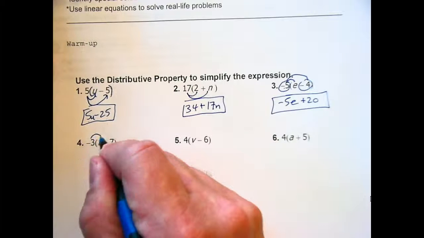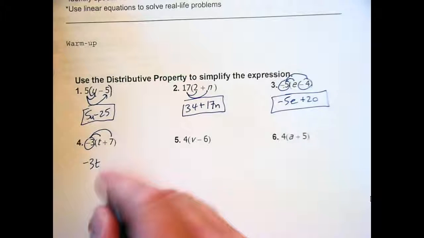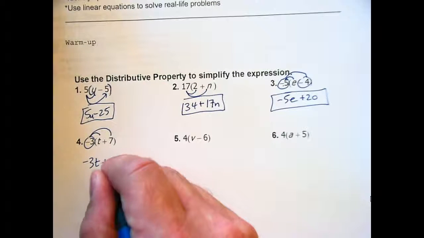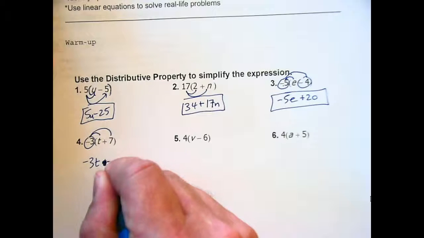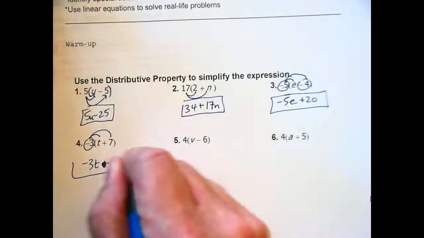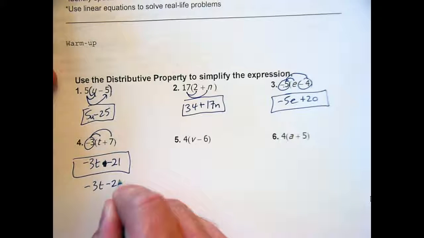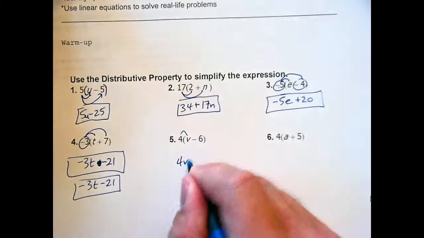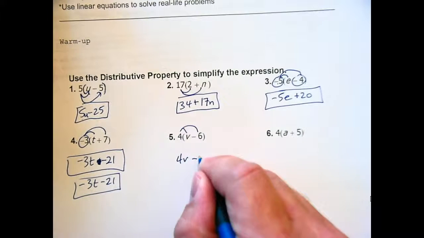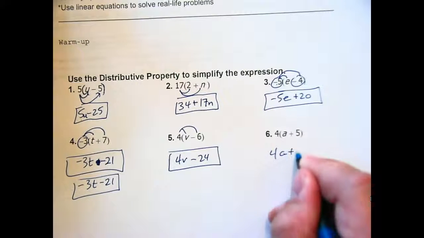So we have negative 3 times t, negative 3t, and negative 3 times 7, or, oops, this should be minus 21. Negative 3t minus 21. Write it like that. This one, 4b and 24, and 4a plus 20.